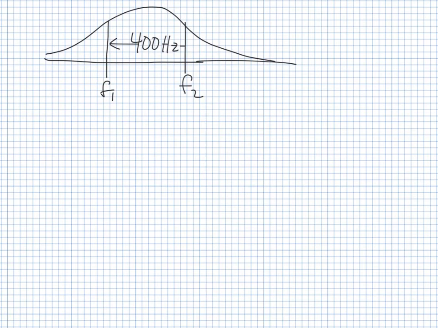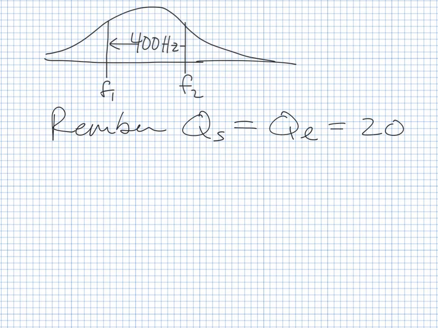All right, so first of all, let's remember that the Q of the series circuit, and this is really the Q of L, which we said was 20 in this case, okay?